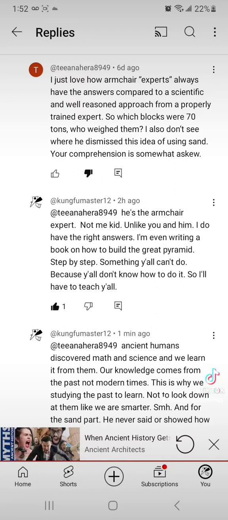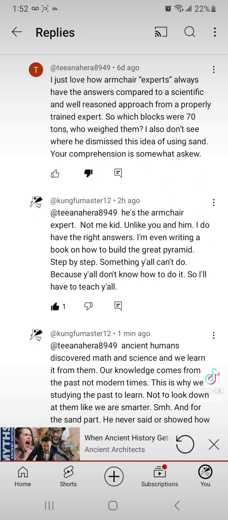They learn from the past. The reason why we're studying the past is so we can learn. We're not studying the past so we can make fun of them. Like, look at these people in the past. They're so dumb. We're so clever. Like, no, we're studying them because we're trying to learn from them. Like, yo, how did you build the pyramids without airplanes and tanks and the shit that we got, and satellites and internets and smartphones?